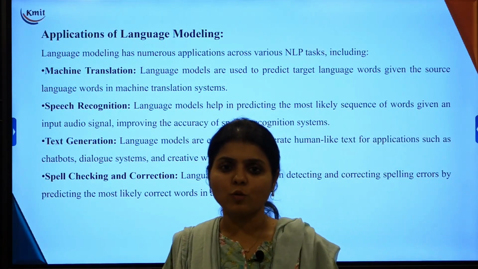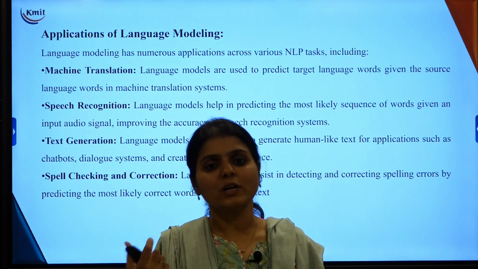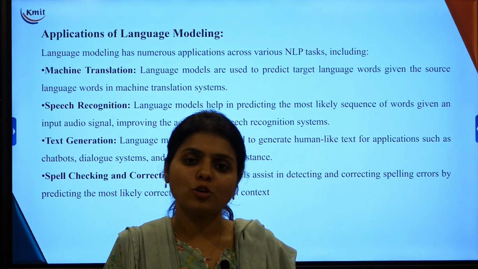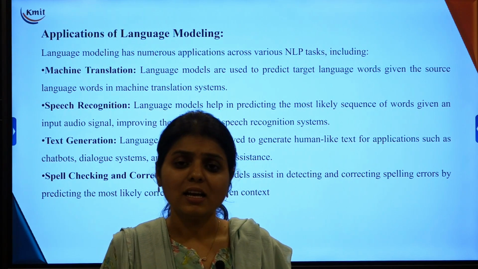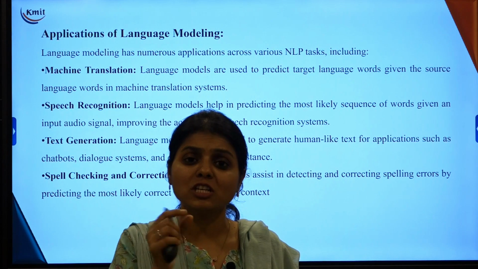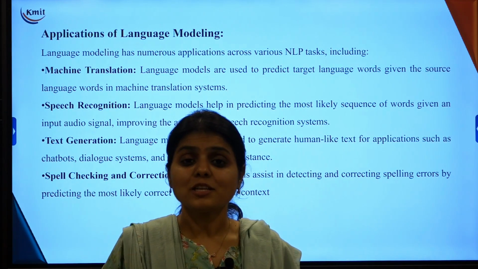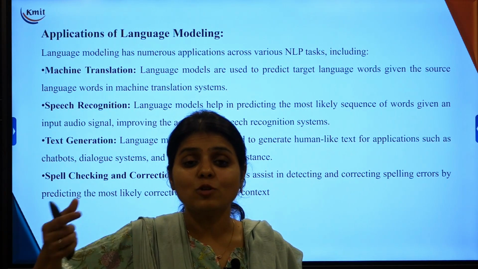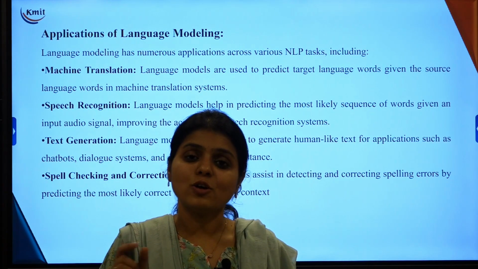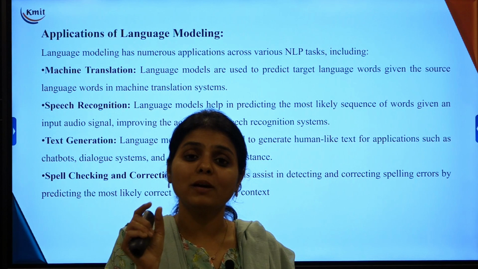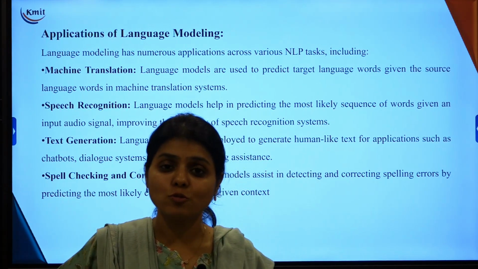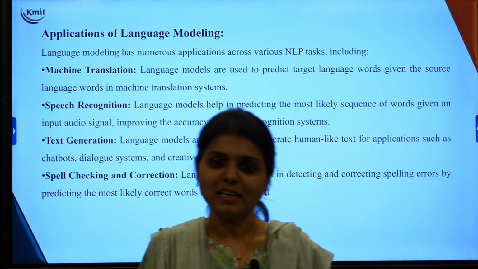Suppose I want to convert a sentence in French to English, and I have 3 words in French, and the third word has multiple meanings. Which meaning would exactly fit the sentence will be difficult to understand. So our language model will predict the probability of the different candidate words, and the word with the highest probability would be chosen when we are translating.